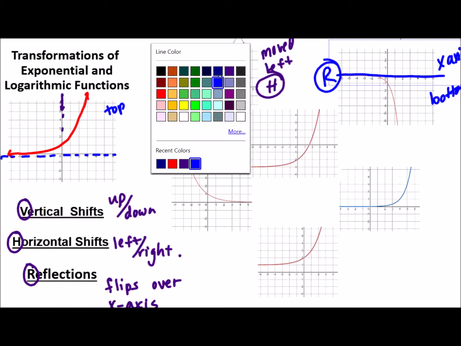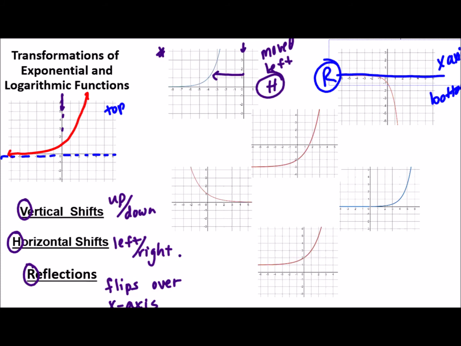All right, next one, this middle guy right here. Looking at the red one, the y-axis isn't different. They're basically on the same spot as the y-axis. That guy hasn't moved. I do notice, though, that this guy in the middle, his asymptote is actually down here now at y equals negative 3.